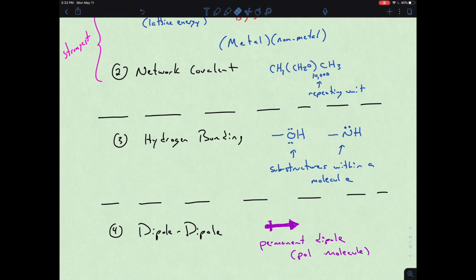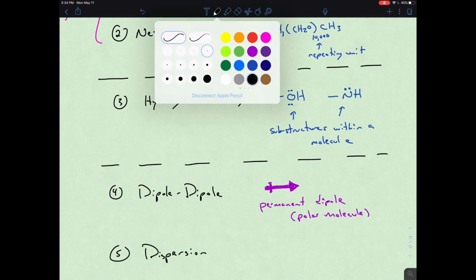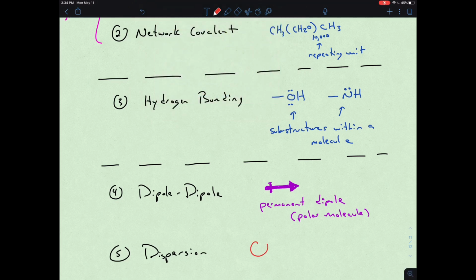And then the last one is the dispersion, where we don't have a permanent dipole. And this would be a non-polar molecule.